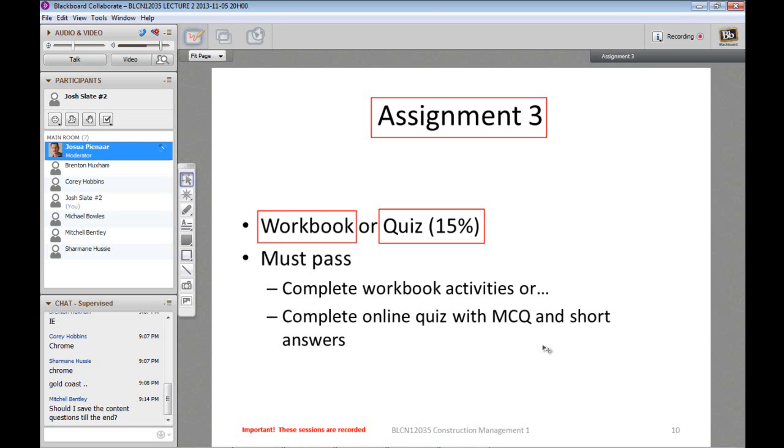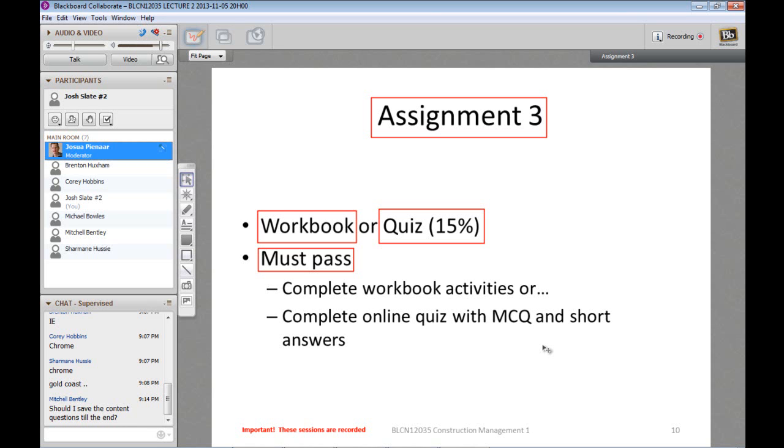Now the very big thing about this one is, of course, you must pass this assignment to pass the course, as always, and then of course remember the penalties on this one. The overall penalties are applied on your overall score. It's not just on the workbook itself.